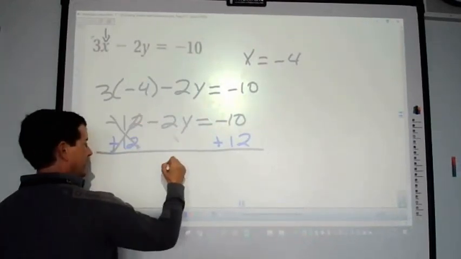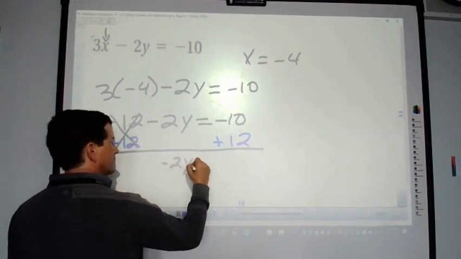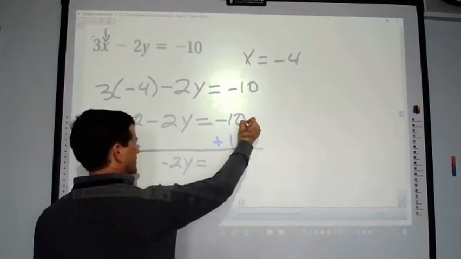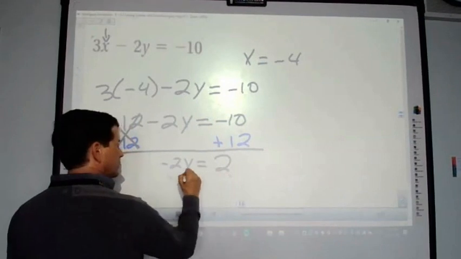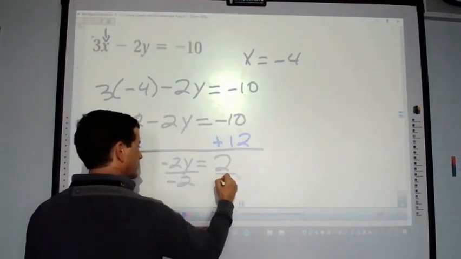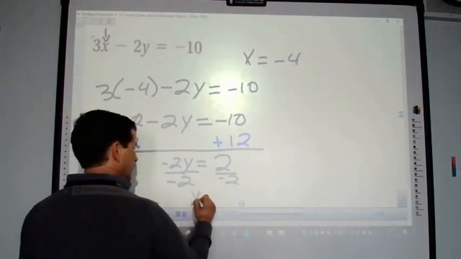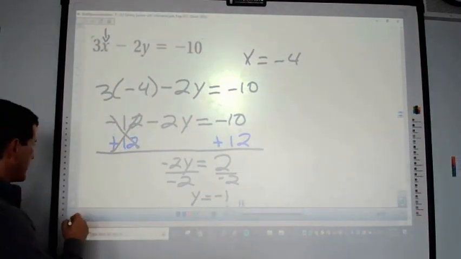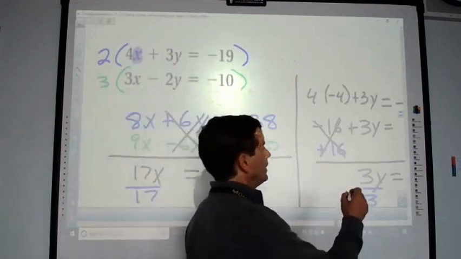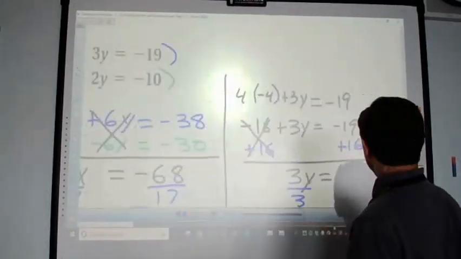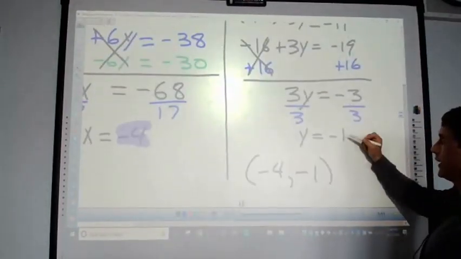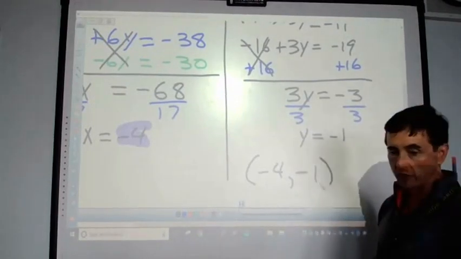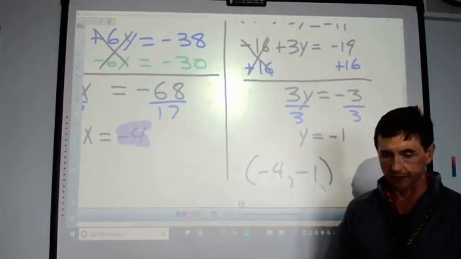I'm going to bring down the -2y. 12 minus 10 is 2. Divide by -2. y equals -1, just like we got on the other example. So we got -1 regardless of which equation we plugged it into.